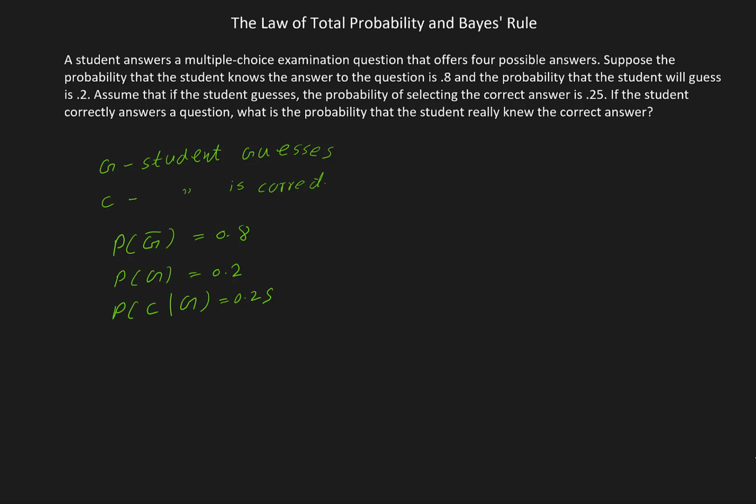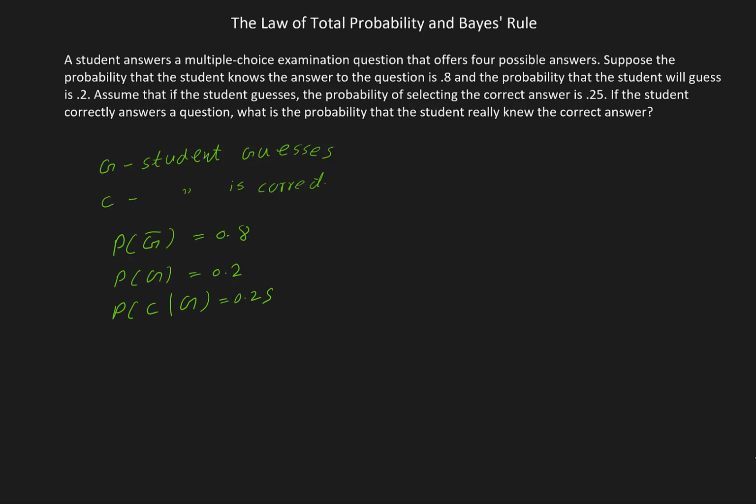The question is, if the student correctly answers a question, we know he correctly answers a question. So that is the condition here, right? So we are asking, what is the probability that the student really knew the correct answer?